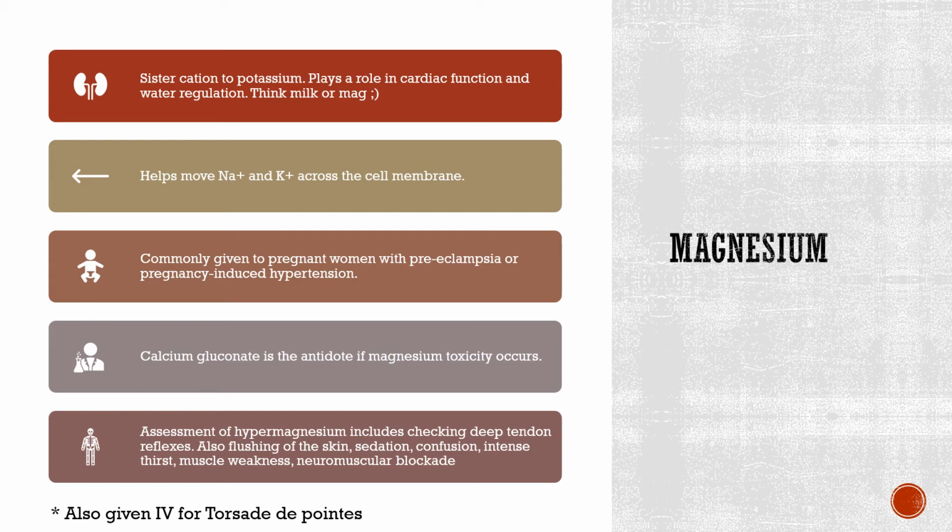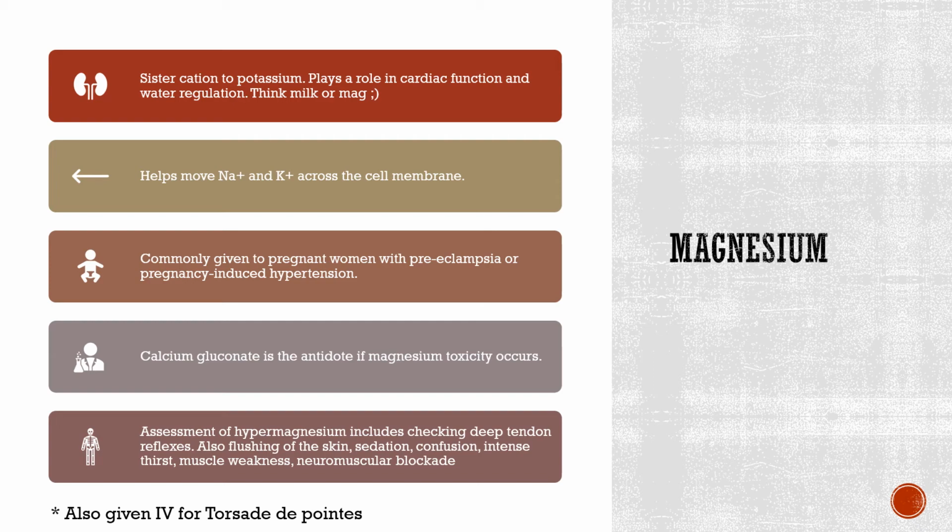So when we're giving magnesium, especially like say to a pregnant mom through the IV, you would want to keep calcium gluconate close. That is the antidote if magnesium toxicity occurs. It is a lot more common to experience magnesium toxicity than it would to have adverse effects from not having enough magnesium.